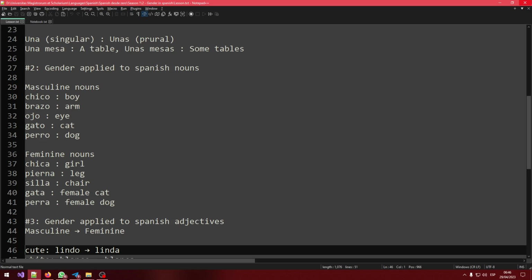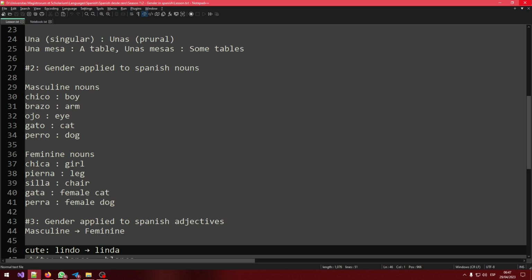We have lindo, which in Spanish, to take a masculine noun, you would change the o to an a. I realized that my brain collapses when I combine English and Spanish in a sentence. So I have to say, instead of o a, I have to say o to a. Oh my god, my brain is like boof.